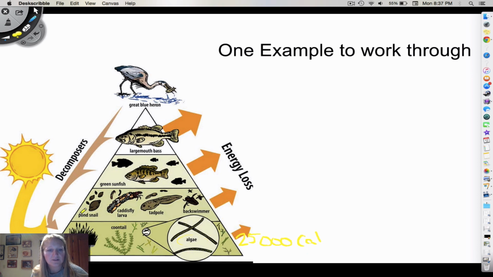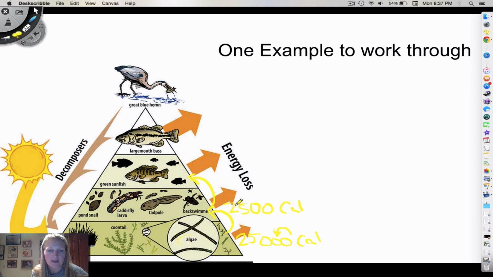How much energy, once these guys come and eat it, is going to then be in this area? Okay, so going from here to here, we lose 90%, so we move the decimal over this much, okay? So 2,500, so we're at 2,500 calories now. Okay, that's how much is available to those guys.